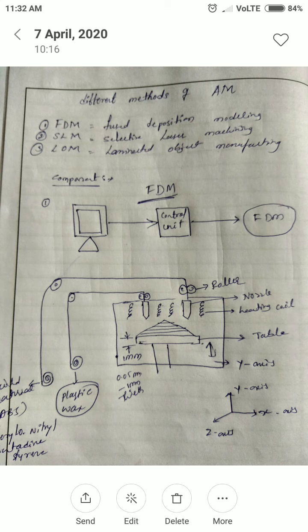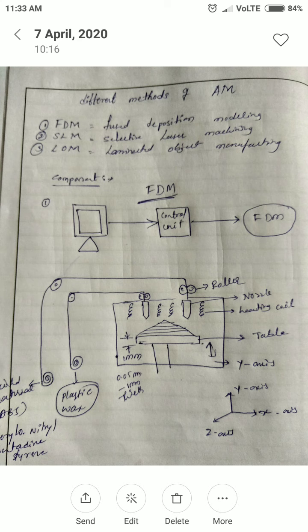In the diagram, for this component there is actually no need for wax, because we are adding material one by one. Supporting material is needed if, suppose, we are going to produce a T section: one vertical column, and in the upper portion of that column one more horizontal column.